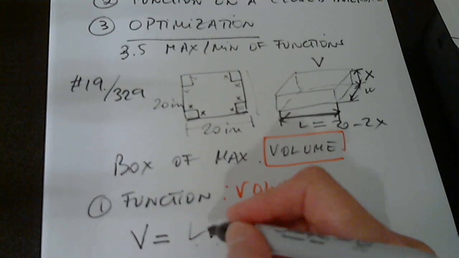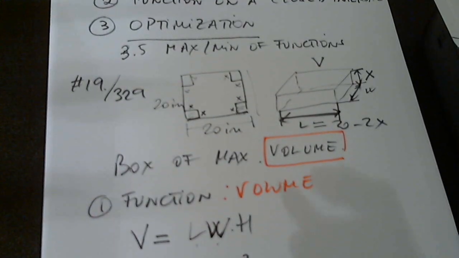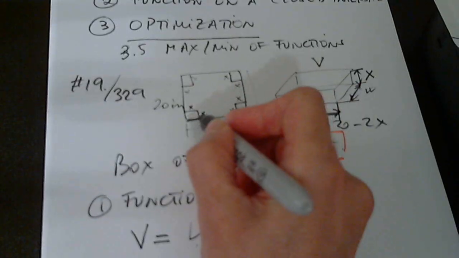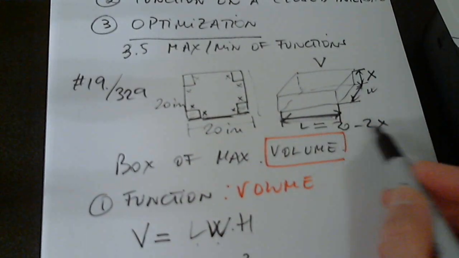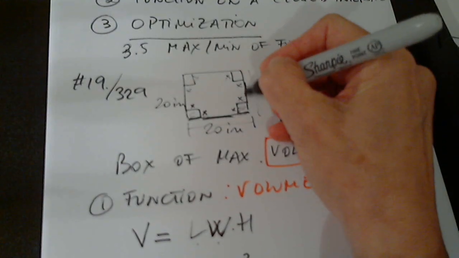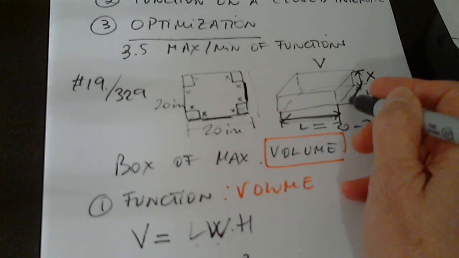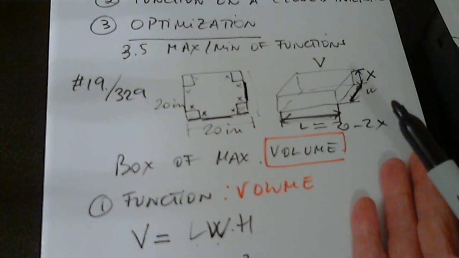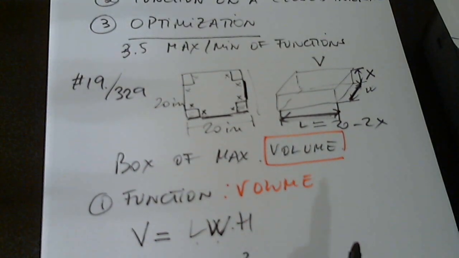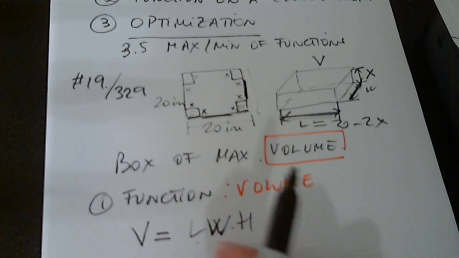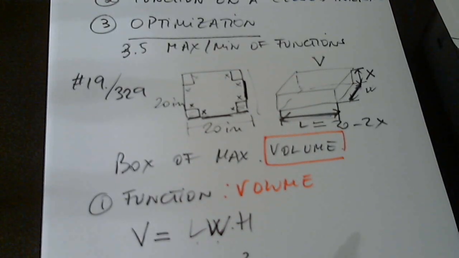Very good. Perfect. So now I know that this piece is 20 minus 2x. This piece is the same, 20 minus 2x. And the height is x. I replace the height by x. The same times the same is 20 minus 2x squared.